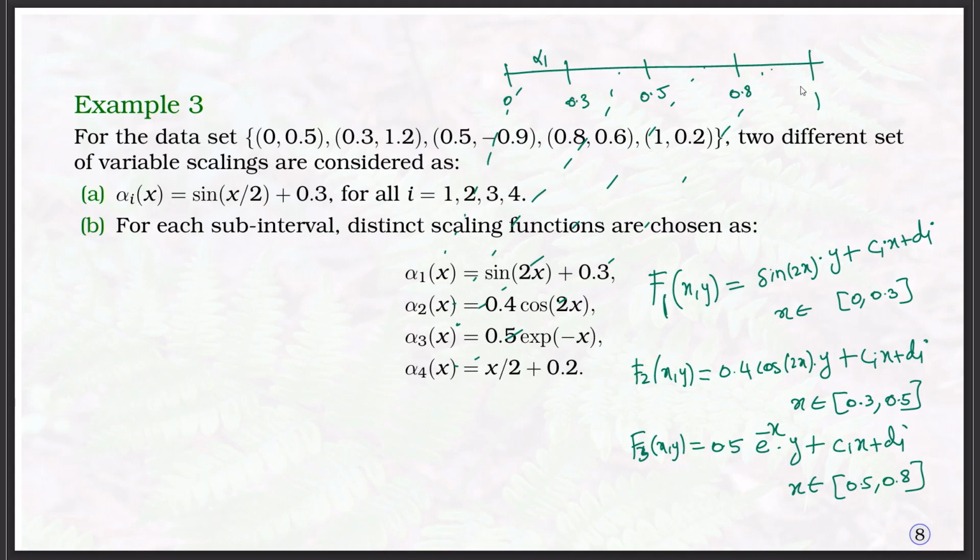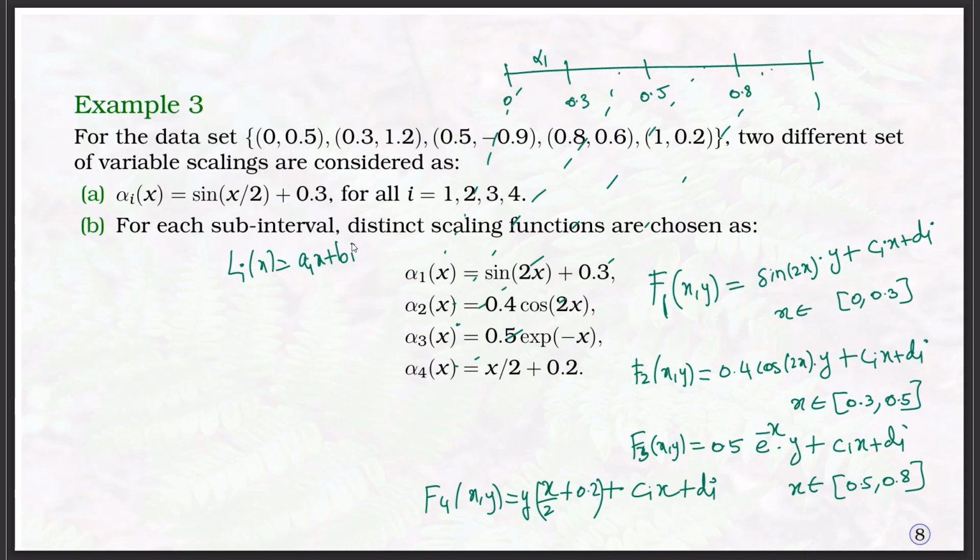In the last interval, f4 of x comma y, one can get x by 2 plus 0.2 times y plus c4x plus d4. Now this is the iterated function system. There is no change in the Li, because Li of x is aix plus bi.